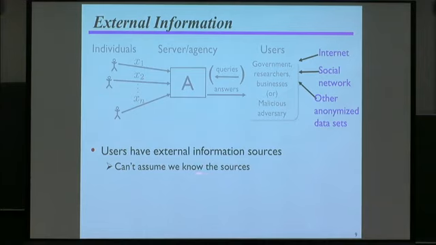You certainly can't assume that you know what they know, never mind what they might know in the future, right? And roughly as a result of this issue, there are lots of examples of things going wrong with supposedly anonymized data, and basically making data, quote, anonymous is extremely tricky.